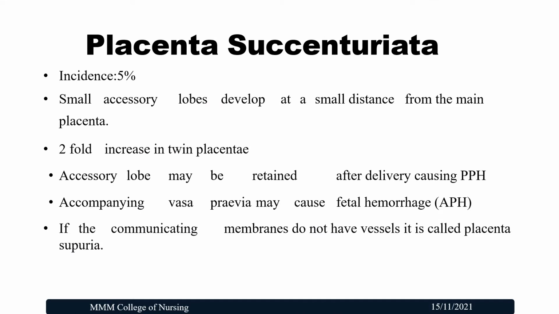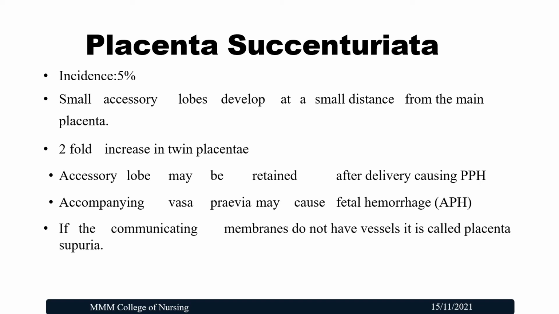The next placental abnormality is placenta succenturiata. The incidence of this type is 5%. Small accessory lobes develop at a small distance from the main placenta. It is a twofold increase in twin placenta. An accessory lobe may be retained after delivery, causing PPH. Accompanying vasa previa may cause fetal hemorrhage, APH.